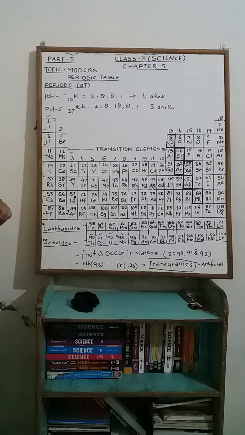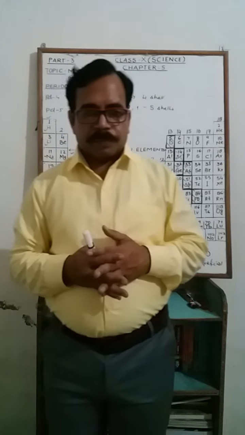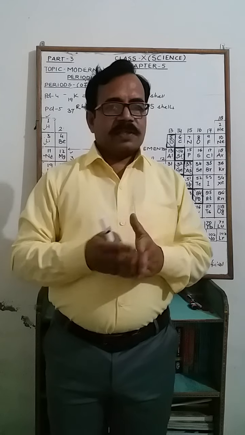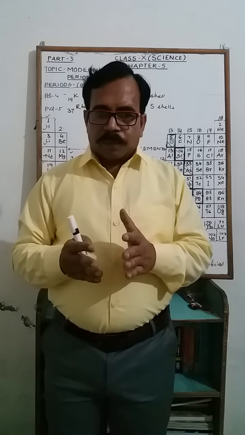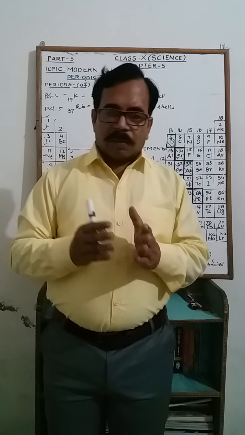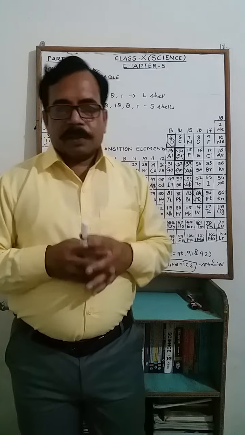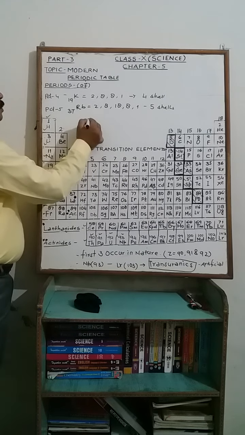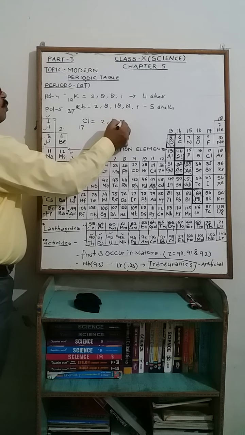So number of period of a particular element show the number of shells in the electronic configuration of that particular element. If you find the electronic configuration of a particular element like chlorine, atomic number 17, that means 2, 8, 7.